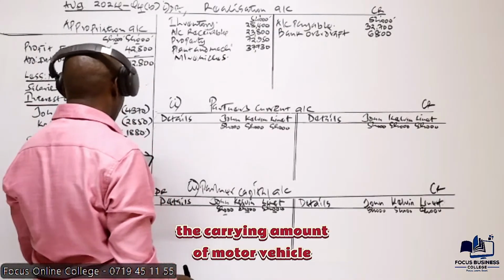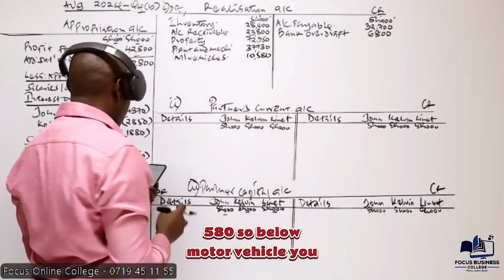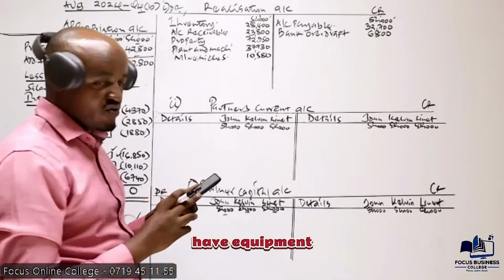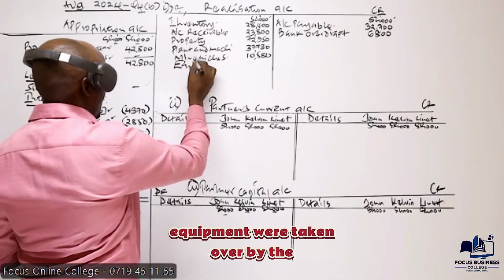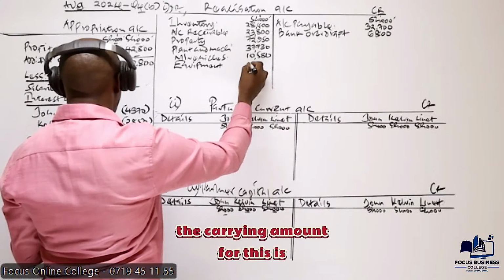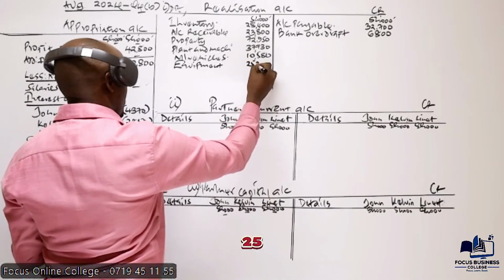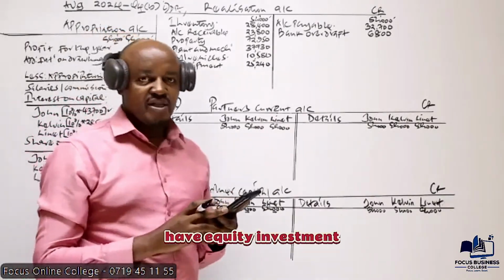The carrying amount of motor vehicle is 10,580. So below motor vehicle, we have equipment. As per note number 4, equipment were taken over by the new company. The carrying amount for this is 25,240.